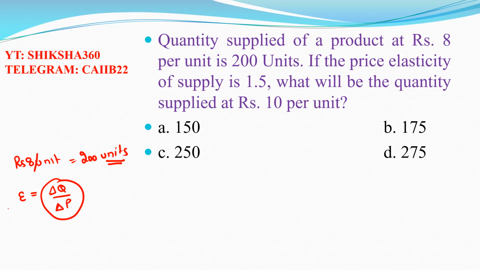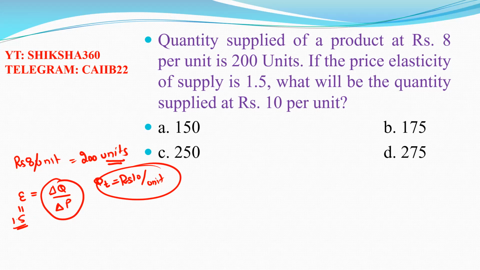If the price elasticity of supply is 1.5, then what is the quantity supplied at rupees 10 per unit? Please solve and tell what the correct answer is.